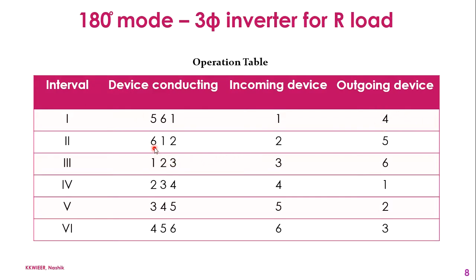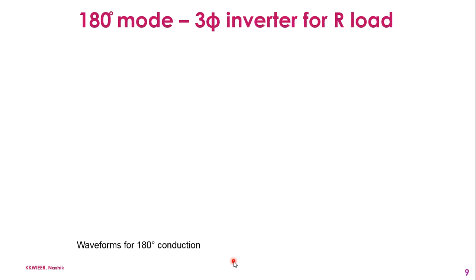In the second case, 6, 1 and 2 will be the conducting devices, where 2 is the incoming device and 5 will be the outgoing device. Similarly, for the 6 intervals, this operational table is shown over here.